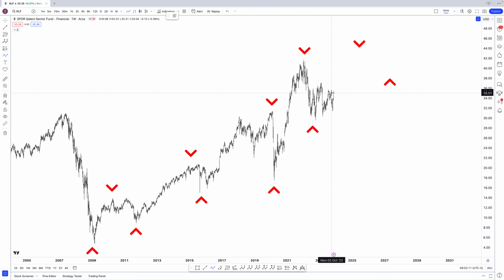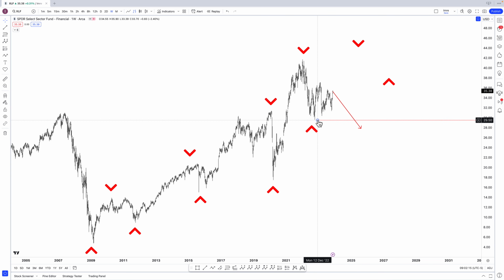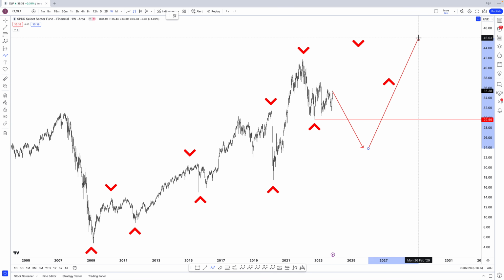I would have to see us break this swing point down here. I'd have to see a break below 29.59 in order for the trend to potentially have changed. Now I can keep in mind, maybe this is just wave C and then we're going to go to a higher high. Yes, of course I'll keep that in mind.